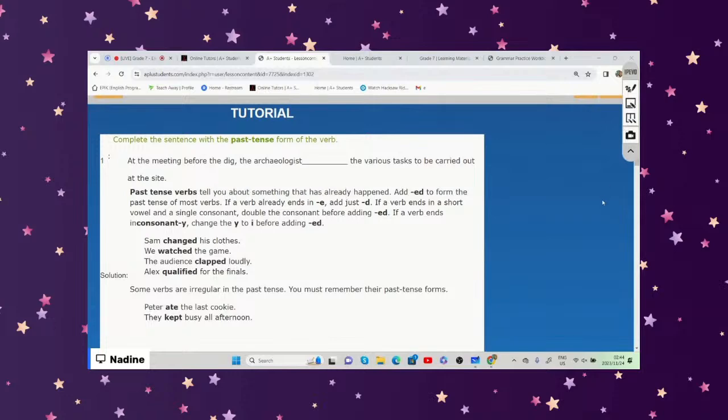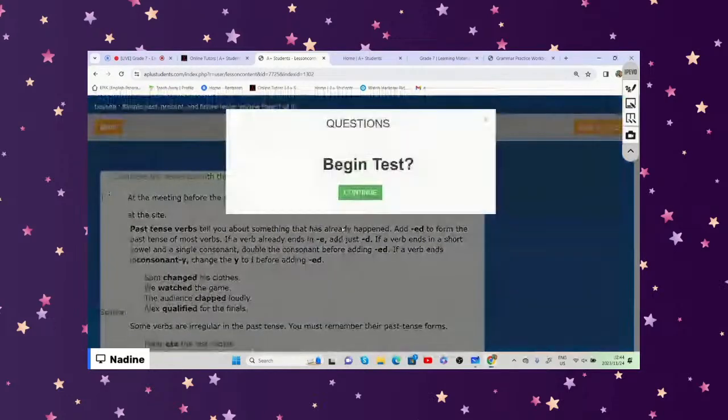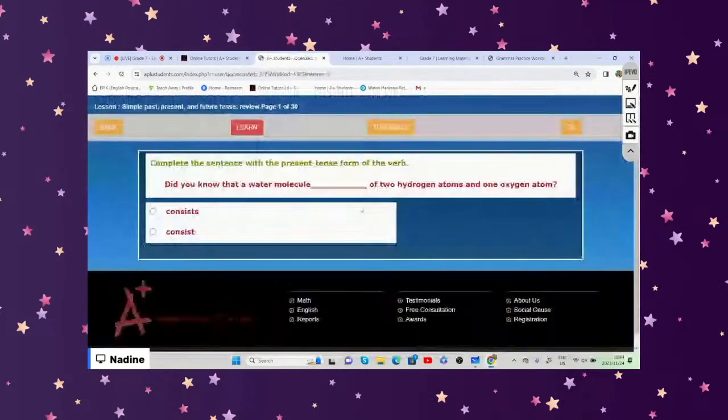All right, now let's go to our test. Did you know that a water molecule consists of 2 hydrogen atoms and 1 oxygen atom?